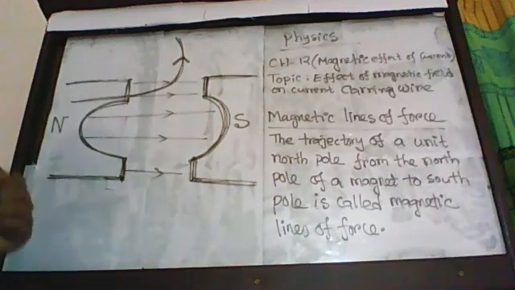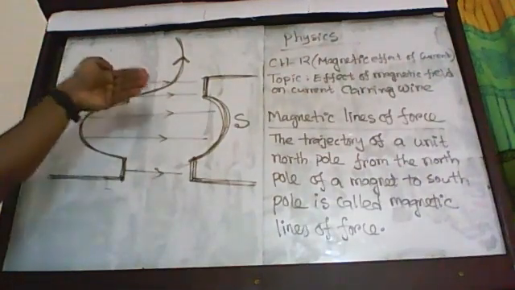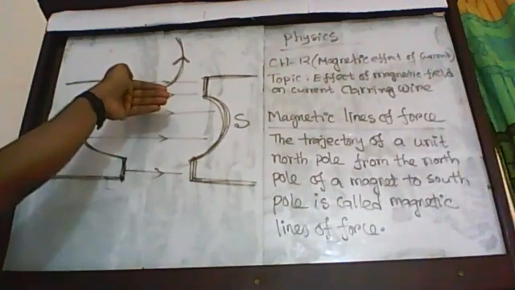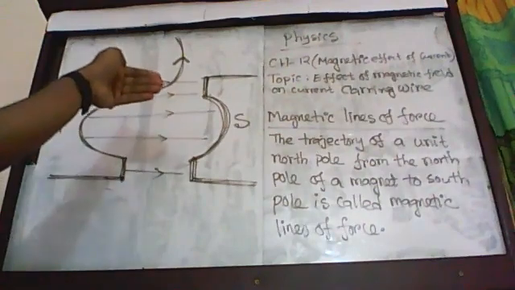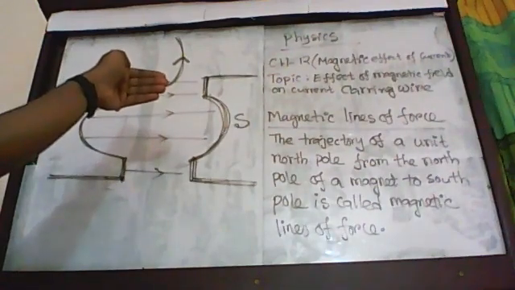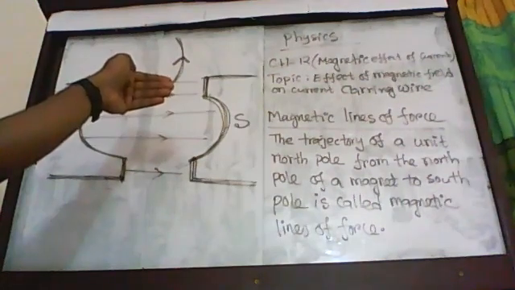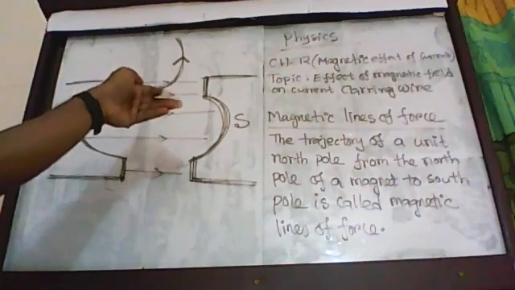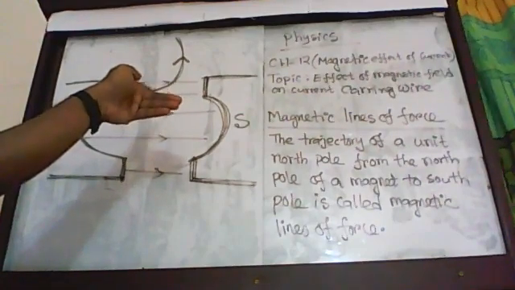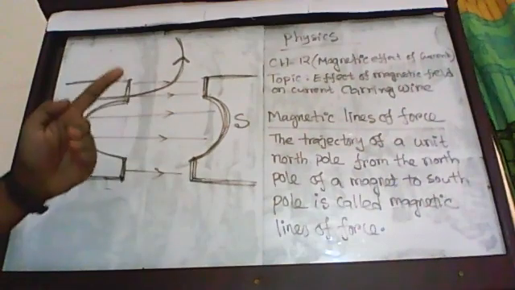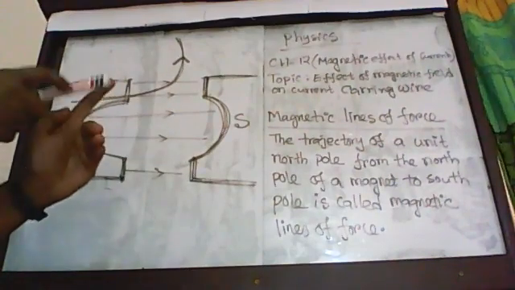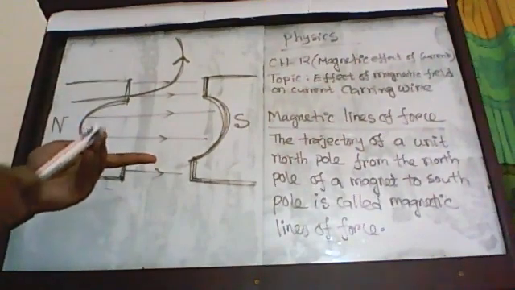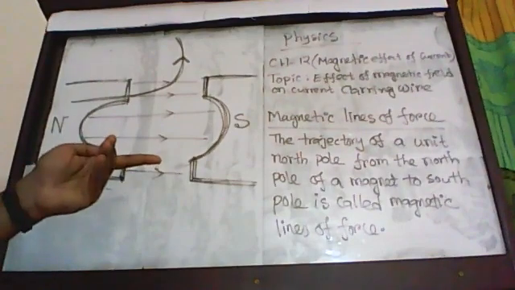At first, keep your fingers like this. Keep one finger along the direction of the given magnetic field. Then another finger indicates the direction of current, and the other indicates the direction of the own magnetic field.